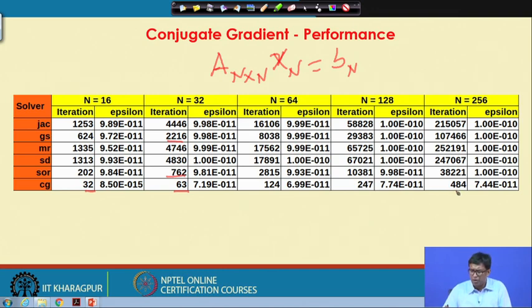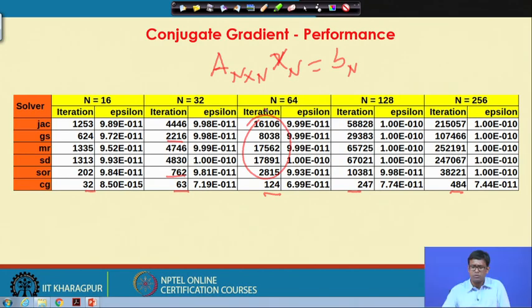These things continue: the number of iterations in conjugate gradient is much smaller than in any other of them. So, for a symmetric positive definite matrix, conjugate gradient is the very first solver. When Jacobi is doing 2,15,057 iterations, conjugate gradient is only doing 484 iterations.